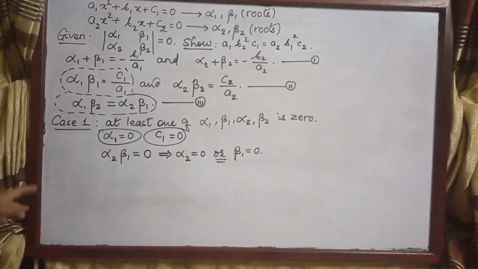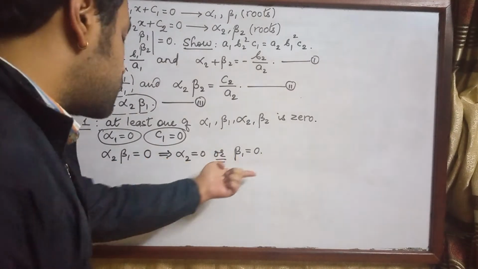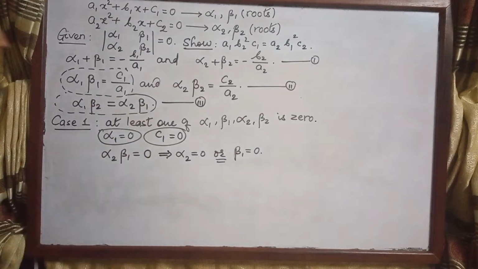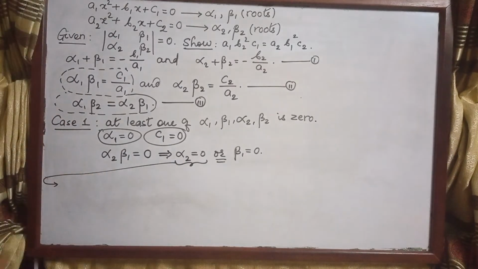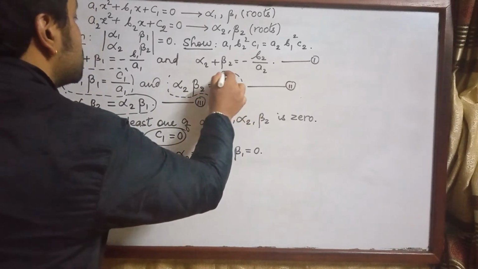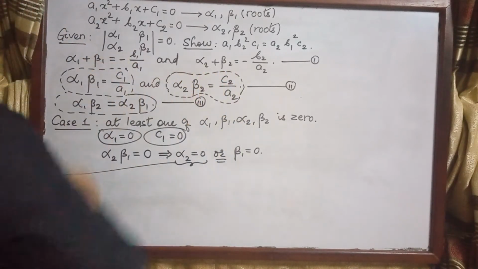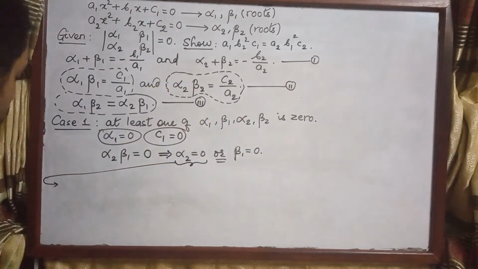So under case 1 we have two subcases. The first subcase is alpha 2 equal to 0. If alpha 2 is equal to 0, then from this part of equation 2, we're going to get c2 equal to 0.